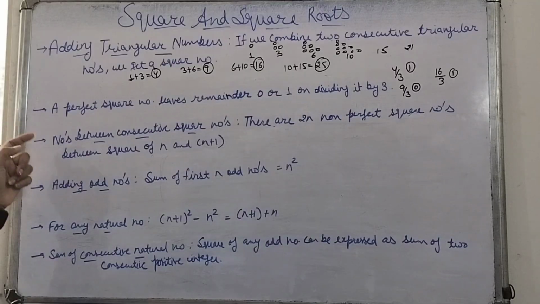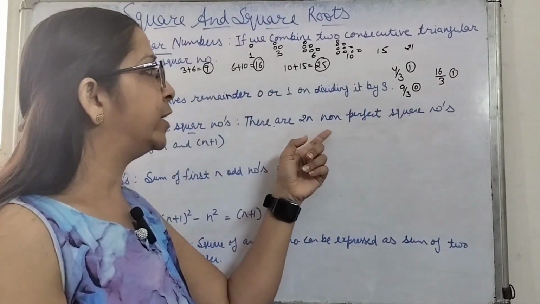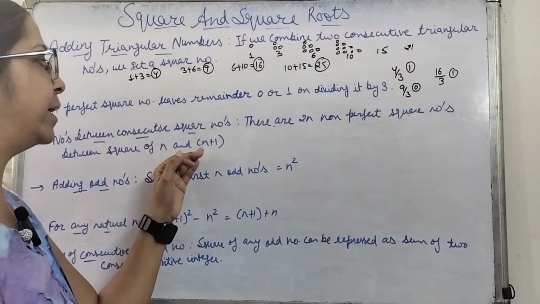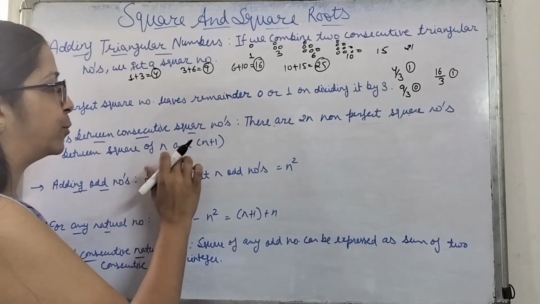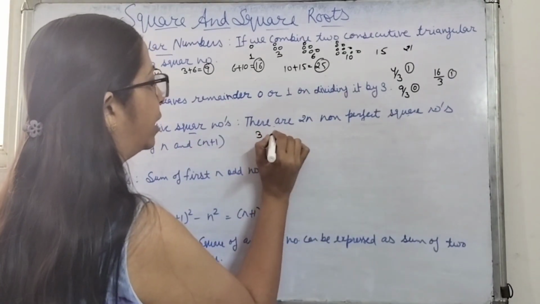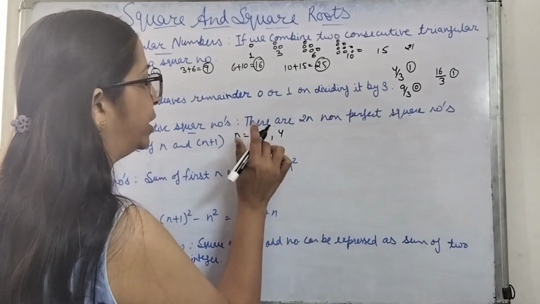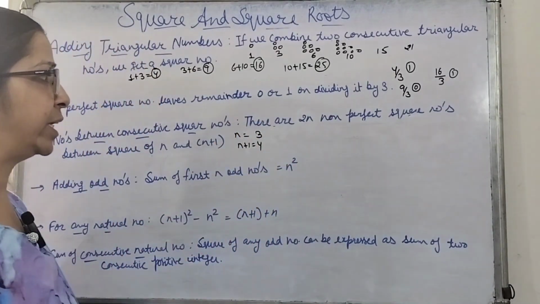The next is numbers between consecutive square numbers. There are 2n non-perfect square numbers between the squares of n and n plus 1. Suppose we take two consecutive numbers, say 3 and 4. Here n is 3 and n plus 1 is 4.